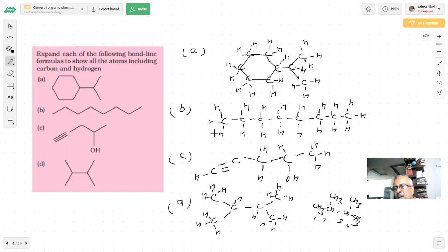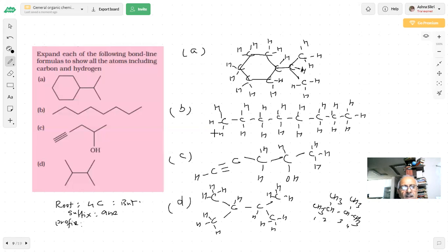Longest chain is 4 carbon. The root. How do you decide the root? Root, longest chain, 4 carbons. Suffix: this is alkane, ANE, and the prefix.